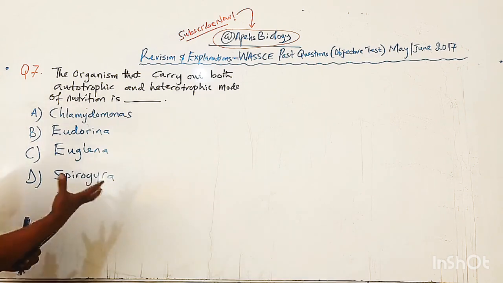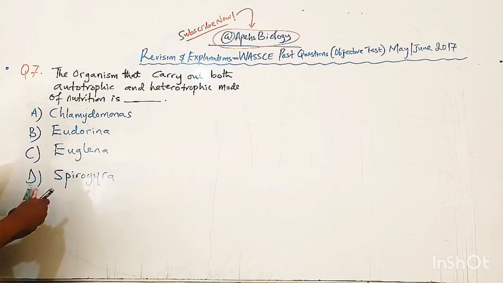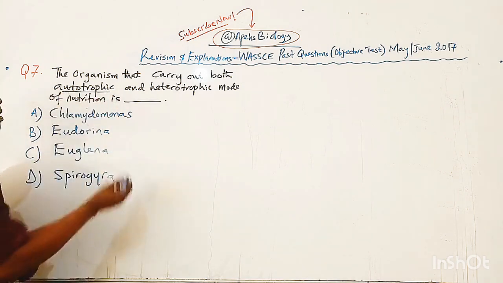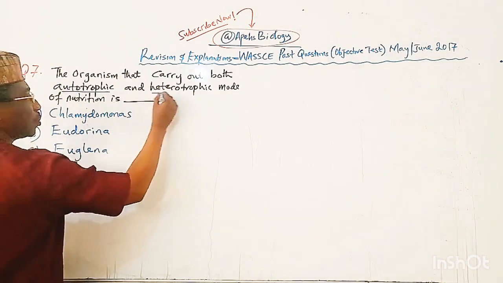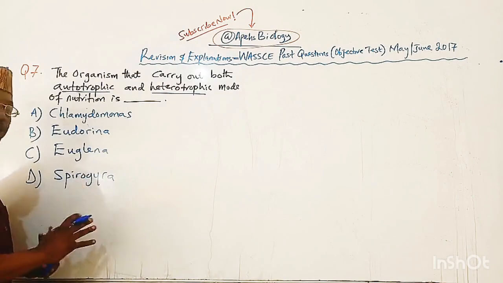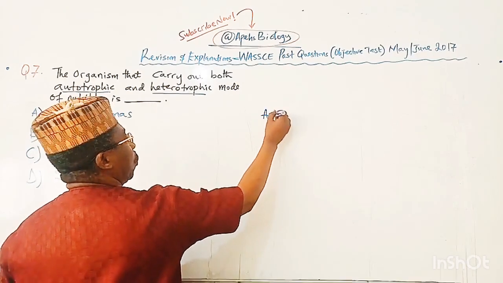Remember that as we are navigating through this, if we don't understand the meaning of the word autotrophic, and we don't know the meaning of the word heterotrophic, definitely we cannot attempt this question. So let's look at the word autotrophic.